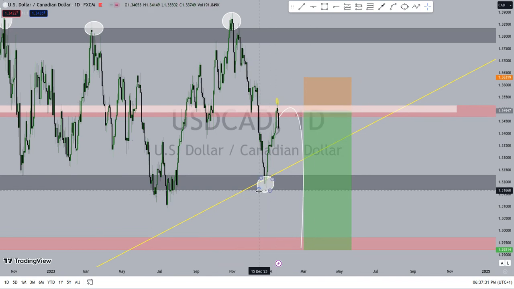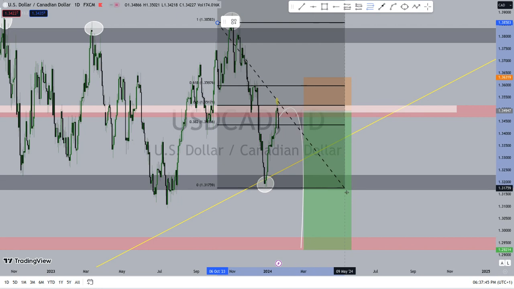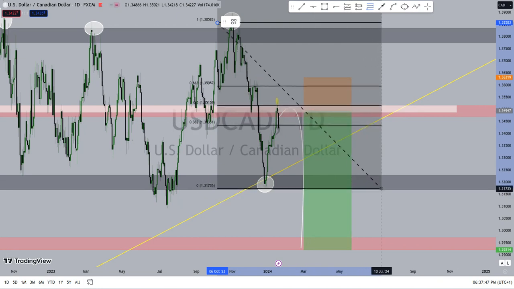So when I found out USD CAD was trading about this trend line, I used my Fibonacci to measure the highs and the lows.